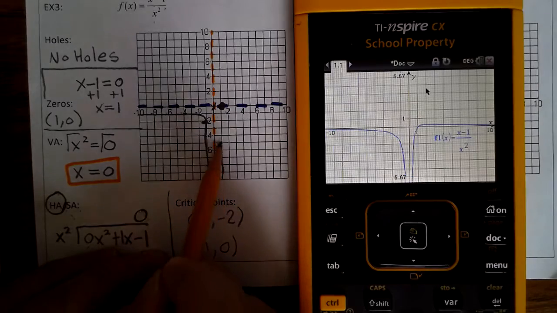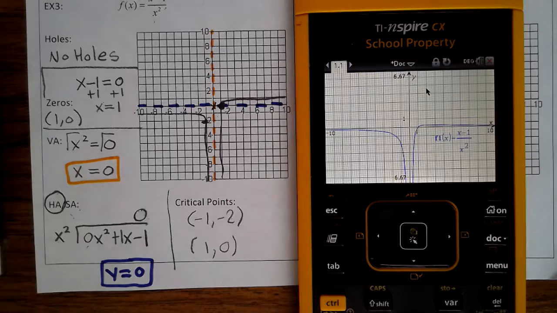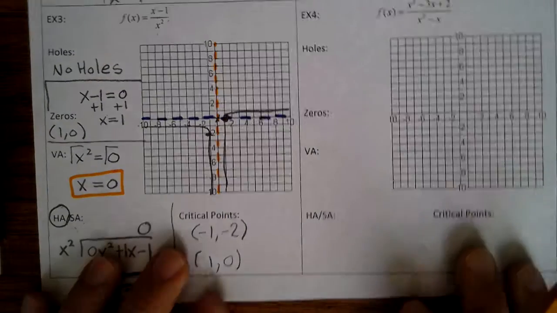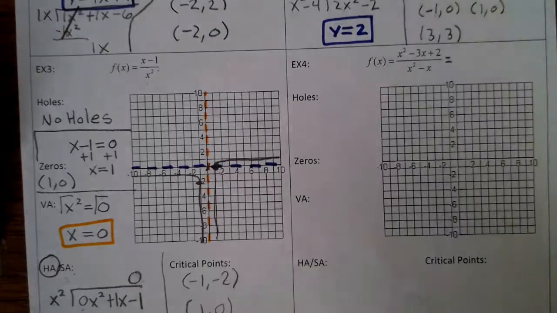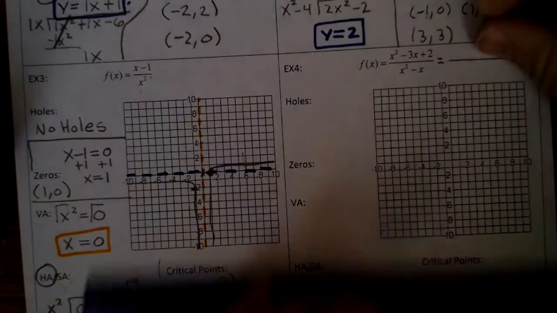All right, now let's take a look at example 4. So we factor. Now x squared we know is 2 parentheses. We know x and x make x squared.